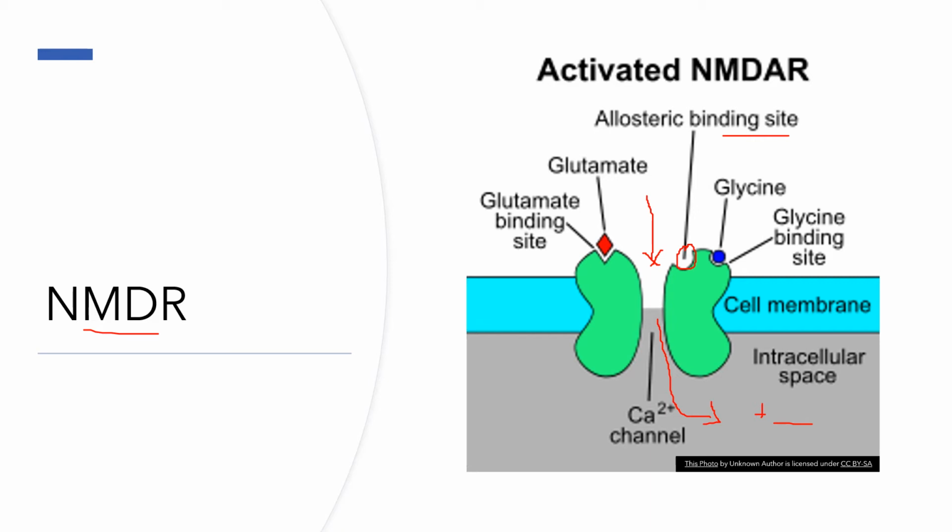And these NMDA drugs, like ketamine, can actually block, not allowing the receptor to carry on its function. So these are allosteric. They can be positive, they can be negative.